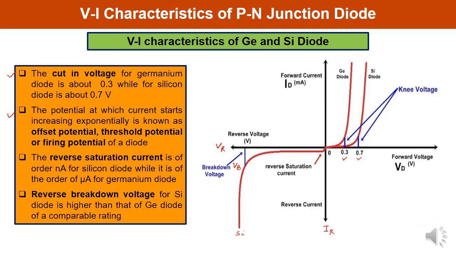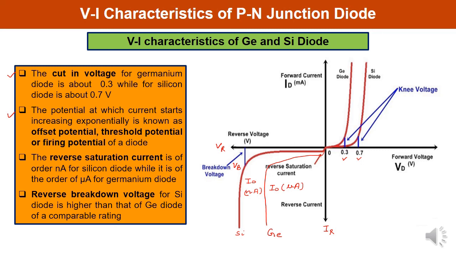And if you would like to plot the reverse characteristic for germanium, it will be like this. In the case of germanium, this I naught would be in microampere, while in the case of silicon this I naught will be of the order of nanoampere, as I have told you earlier.